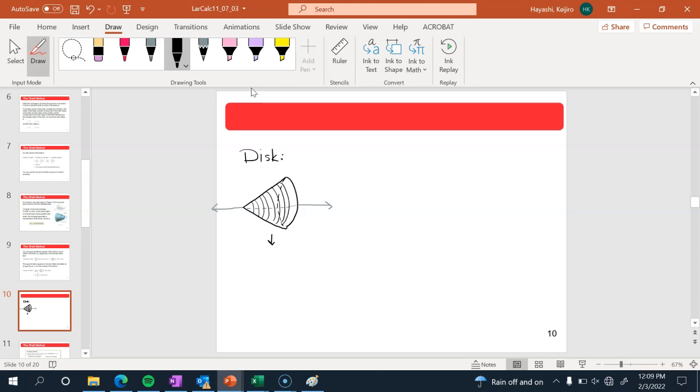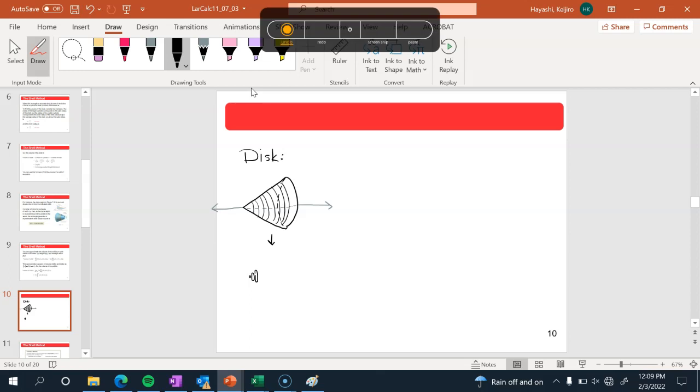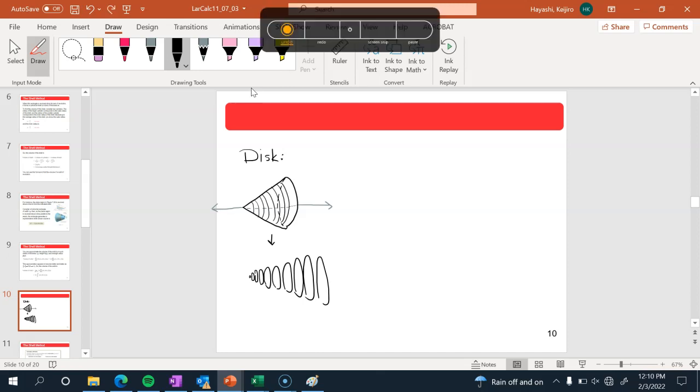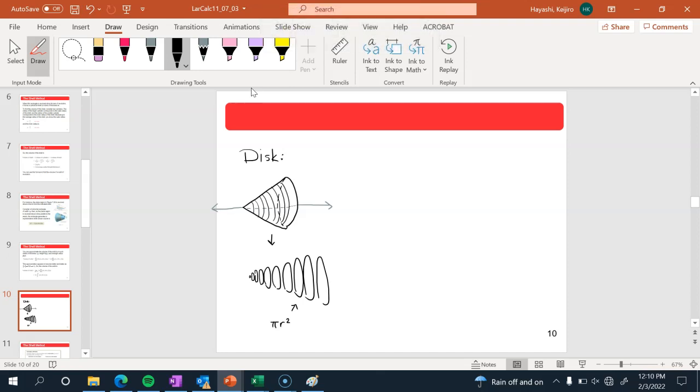So what we're doing is essentially breaking this up into a bunch of tiny, very thin circles, the area of any one of which is pi r squared.